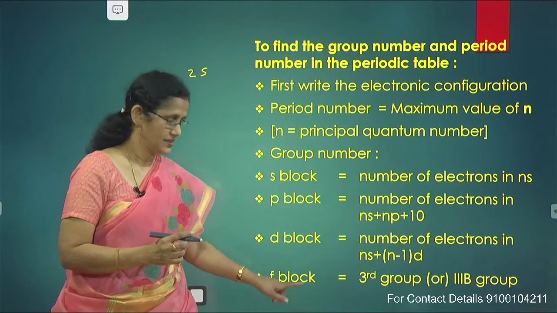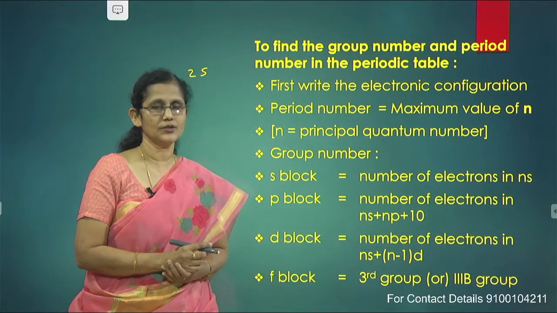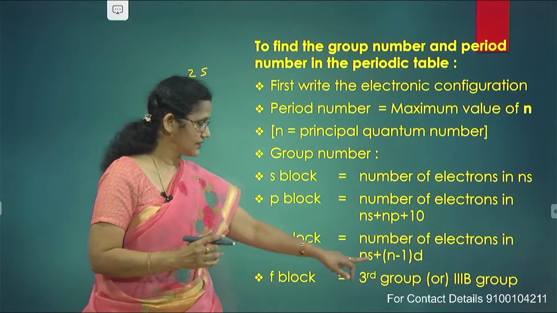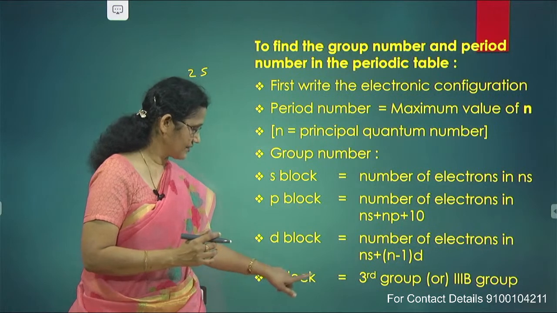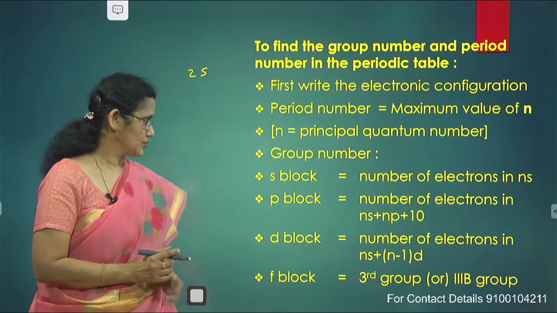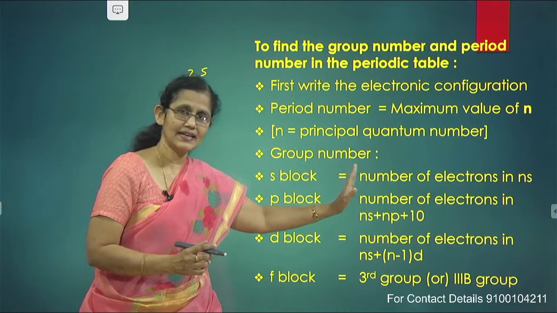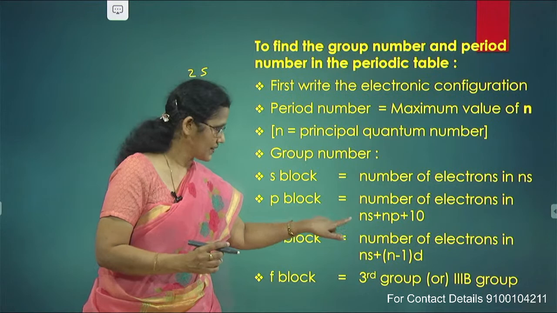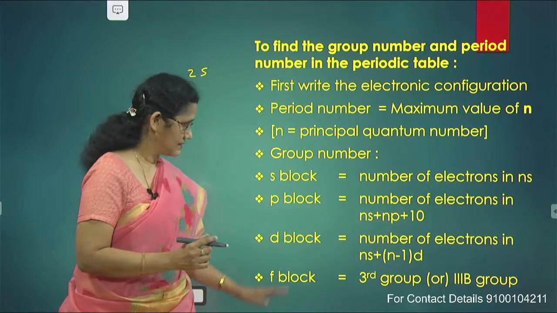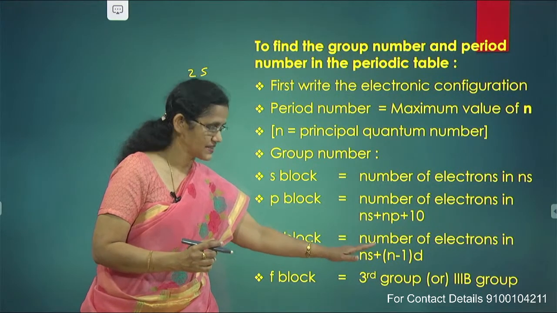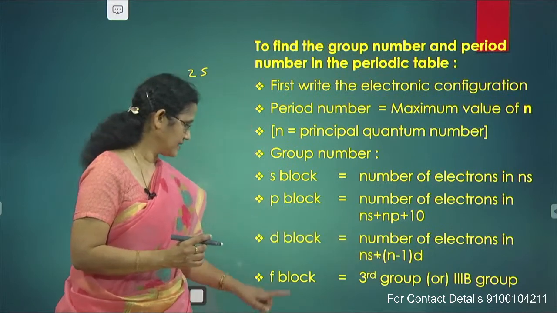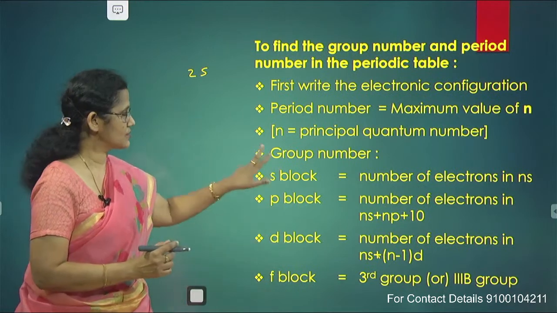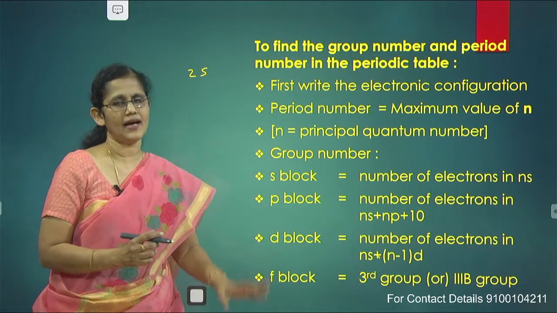They are all placed in the third group, the longest group in the periodic table, the 3B group. This includes all f block elements. So for s block, ns electrons; for p block, ns plus np valence electrons plus 10; for d block, ns plus (n minus 1)d electrons; for f block, the third group. We must know this concept, then we can apply it, right.